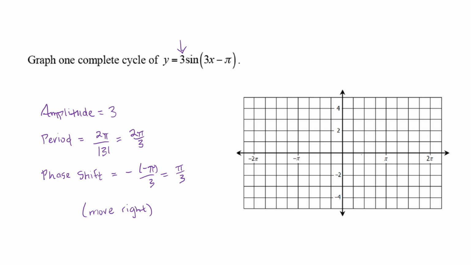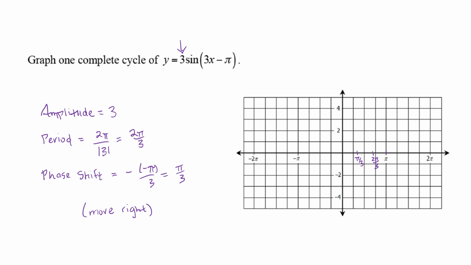Okay, so I'm going to go right here for 1/3, and then here for another third, and then I would land at pi. So this would be pi over 3, this would be 2 pi over 3, and then pi would be 3 pi over 3, which is just pi.